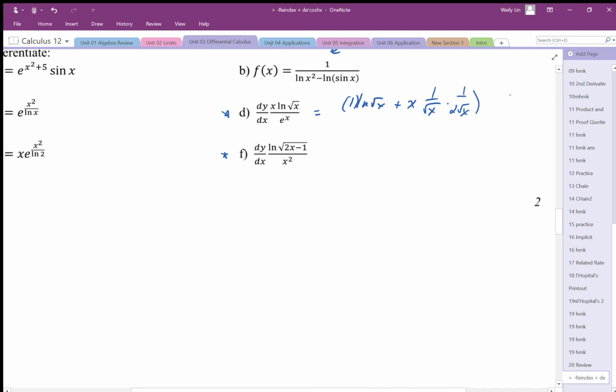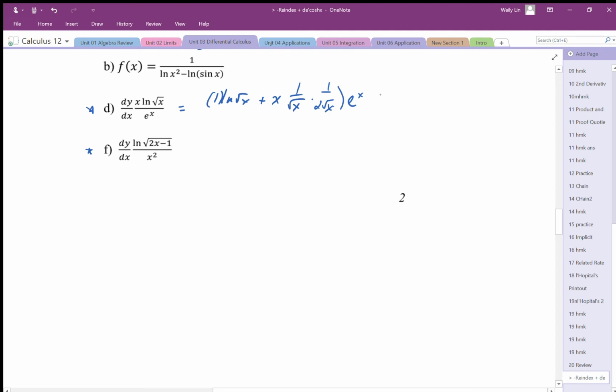Then that's going to be times e to the x, the denominator, minus the numerator times the derivative of the denominator, all over the denominator squared.